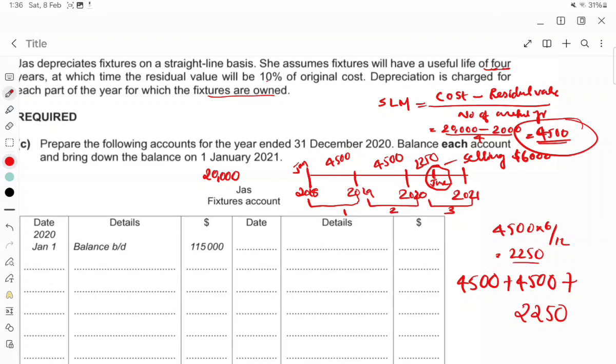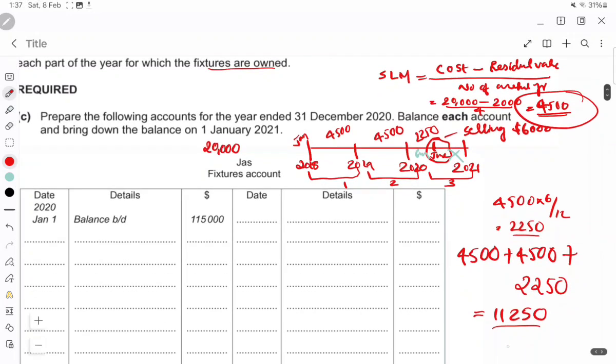So we are only using 6 months here, and we don't need to calculate the remaining 6 months. So it will be half of the 4,500. So 4,500 plus 4,500 plus 2,250, the total is 11,250, the accumulated depreciation for that disposed asset.